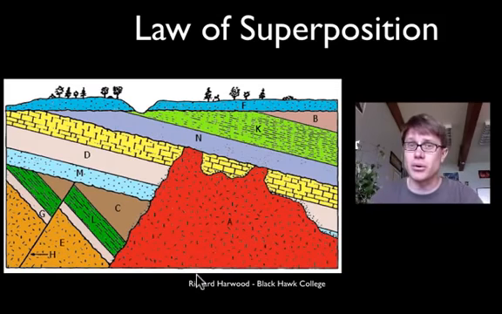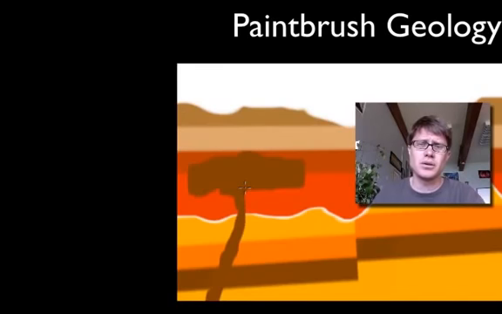Could you put it in order from the thing that happened in the distant past to the thing that just happened a little bit ago? Some of these might be easy, like probably this rock here, E, was laid down a long time ago, and this rock layer, F, was laid down fairly recently. But how do you do that? Well, you have to use the law of superposition and the law of horizontally laid down rock, and you can do pretty good at it.